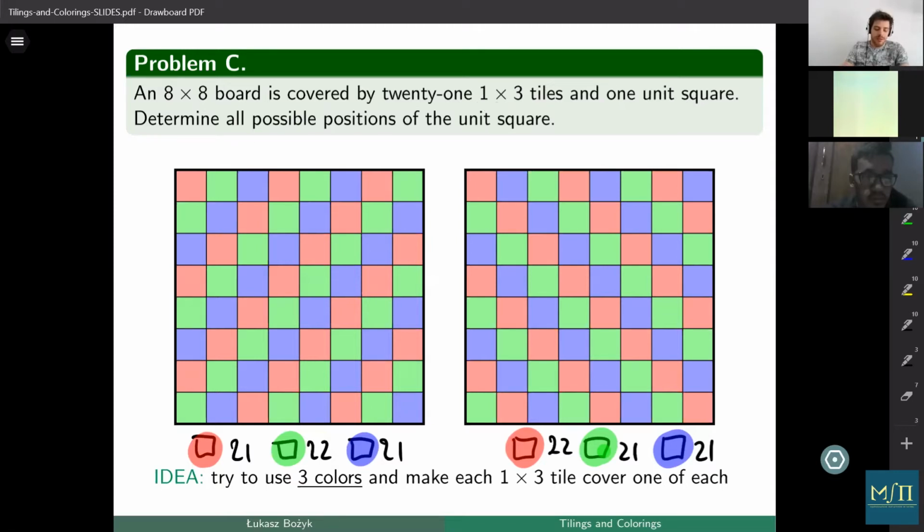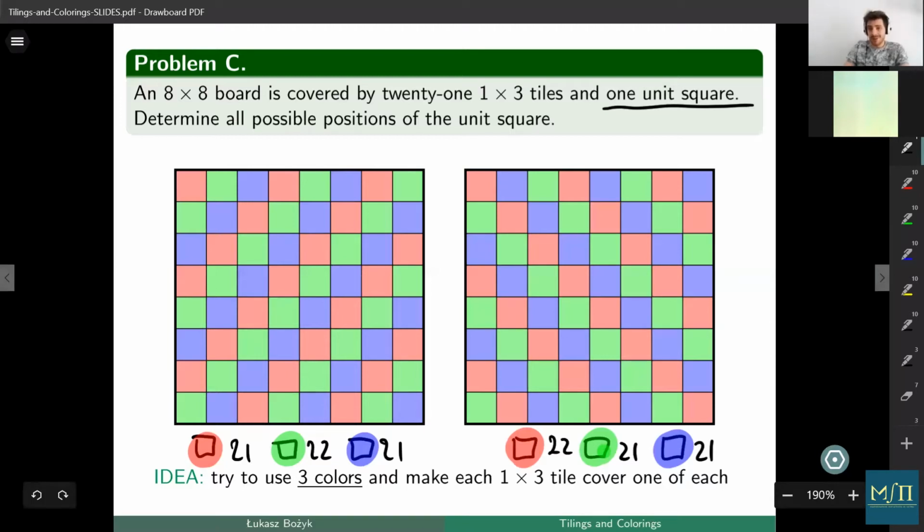So the green ones on the left picture are the only potential ones to have the unit square placed on them, if we had any tiling satisfying our conditions. It doesn't prove that all of them are possible, but it proves that all others are impossible. You cannot place a unit square tile on a non-green square on the left picture, and you cannot place a unit square tile on a red square on the right picture.